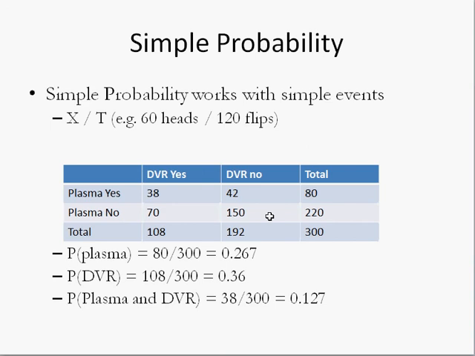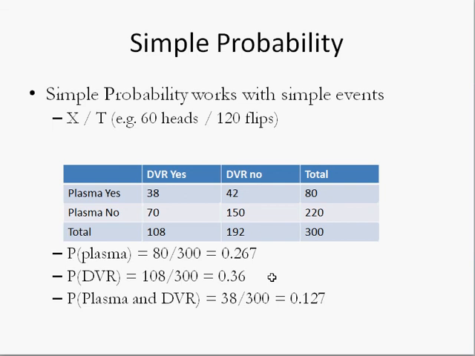And we can ask simple probability questions just like we did with the ice cream scoops. So what's the chance that a person buys a plasma television? Well, there's 80 plasma buyers out of 300 total. That's a marginal probability of purchasing plasma. The marginal probability of purchasing a DVR is 108 out of 300.